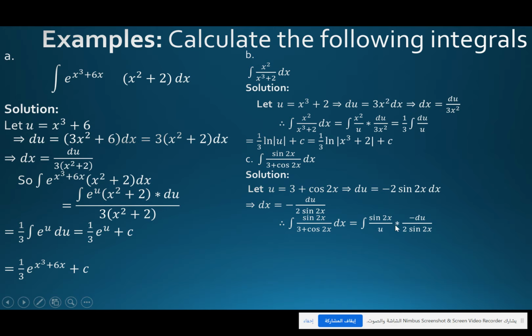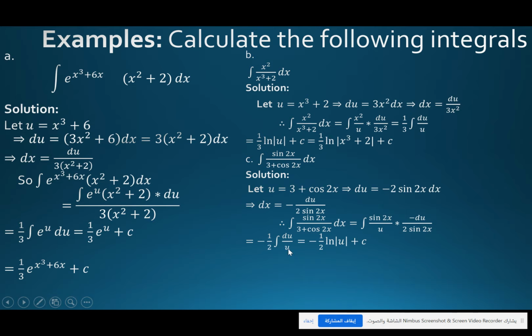Multiplied by dx, which we replace in terms of du from the previous step, negative du over 2 sine 2x. We can cancel this sine 2x from down with sine 2x from up, and then take 1 over 2 as a common factor with the negative. You will finally get the integration of du over u.